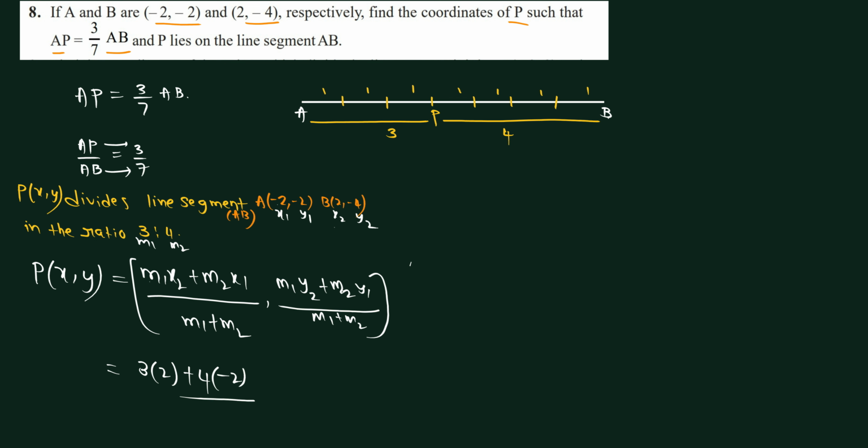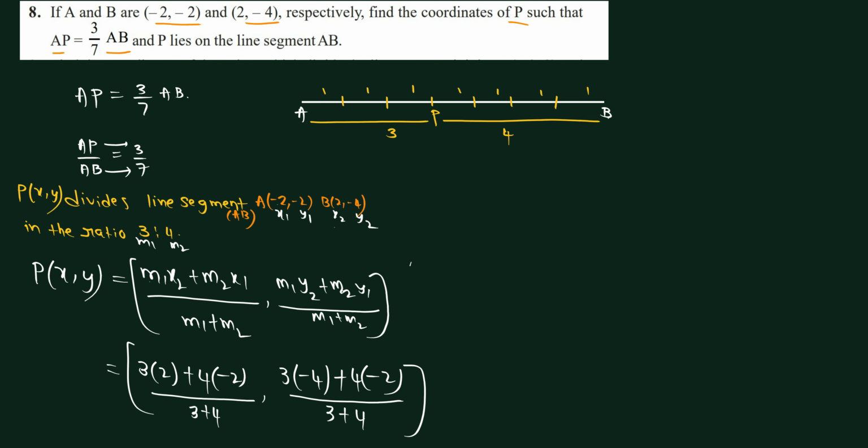Similarly, m1 is 3. y2 is -4, plus m2 which is 4, y1 is -2. Just check the values one more time. Is it correct? Yes. Next, m1 plus m2 is 3 plus 4.